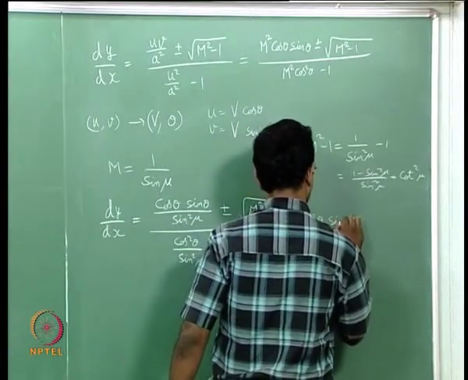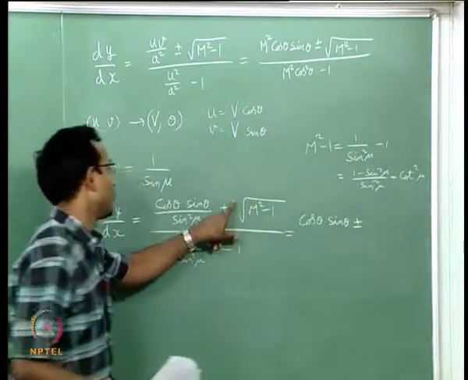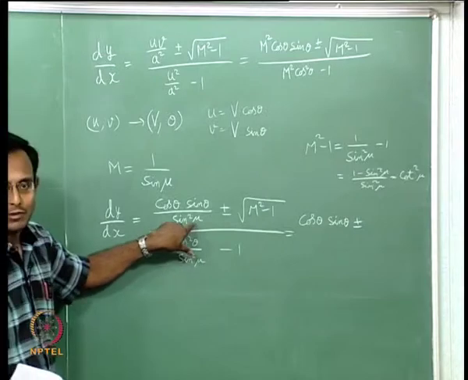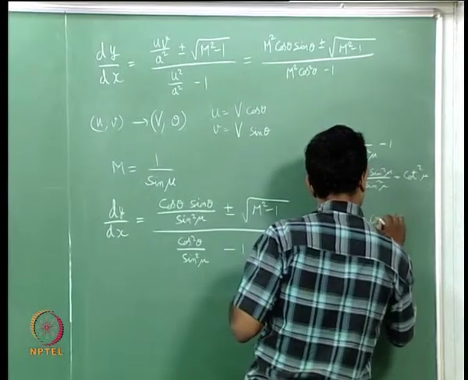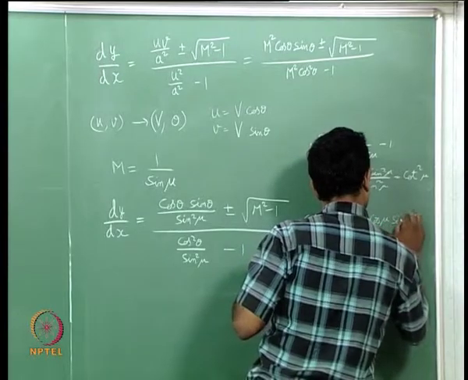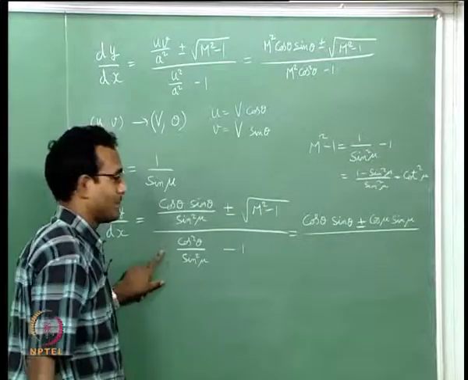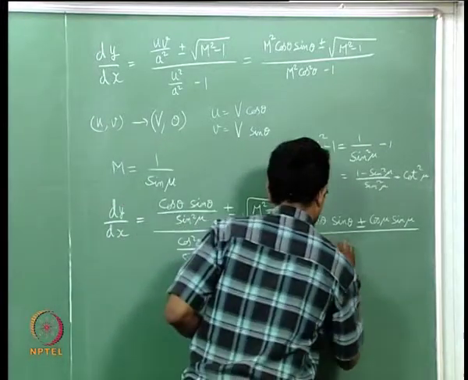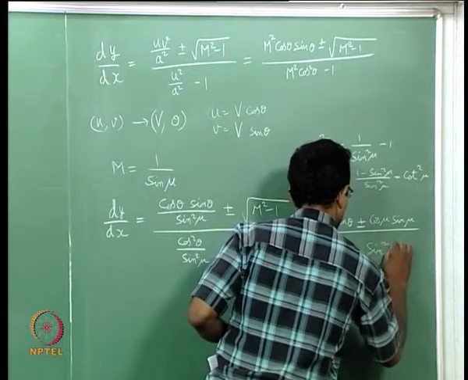cos theta sin theta plus minus cot mu multiplied by sine square mu will be cos mu sin mu, divided by denominator also multiplied by sine square mu shall be cos square theta minus sine square mu.